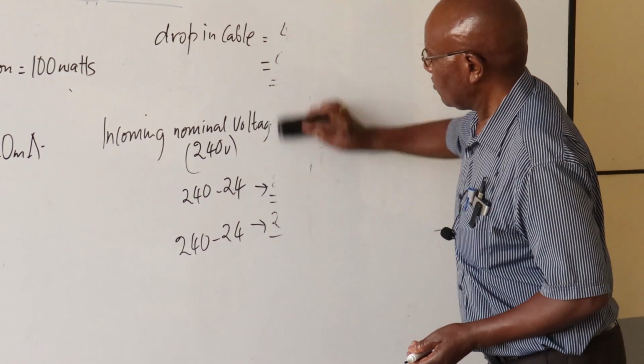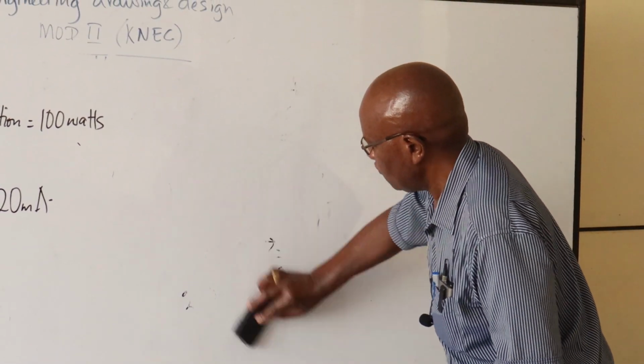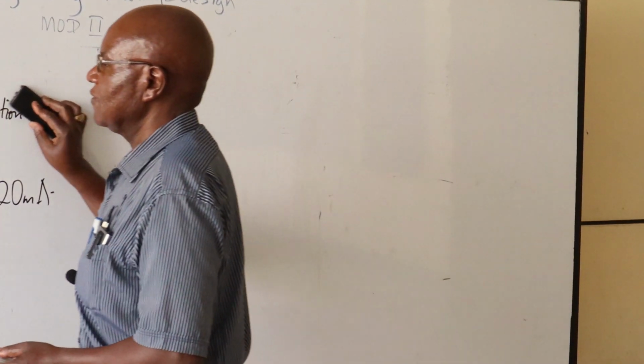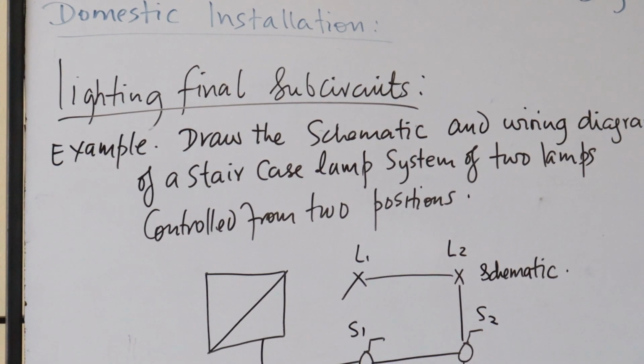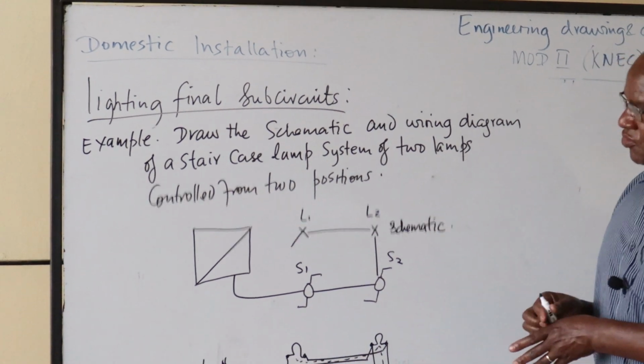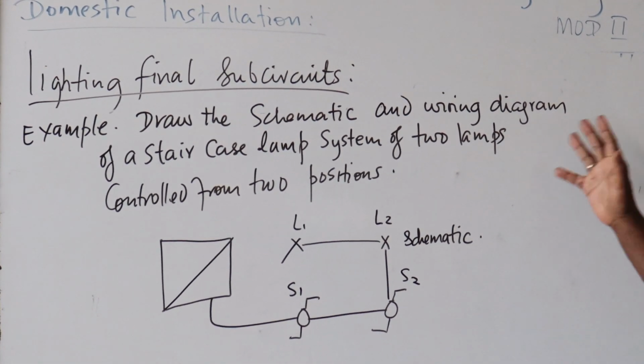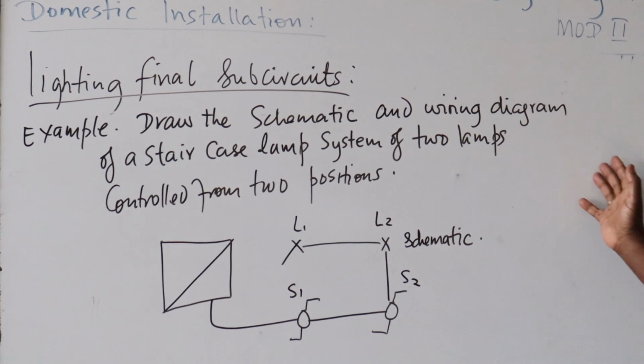So let's work on a simple lighting circuit before we move on to the others. This is an example of a lighting circuit. I think most of the stuff you did in first year, so we shall not be going into so much detail.